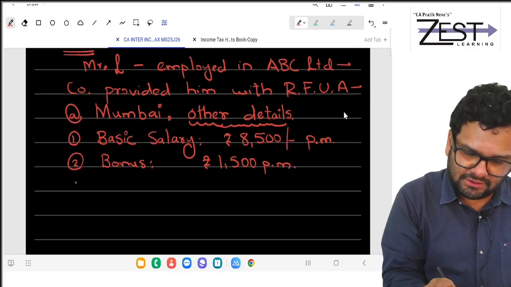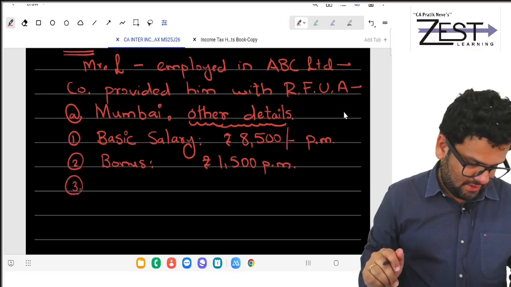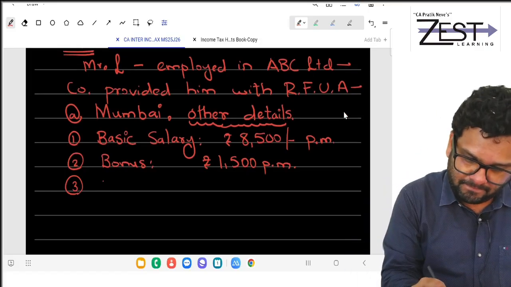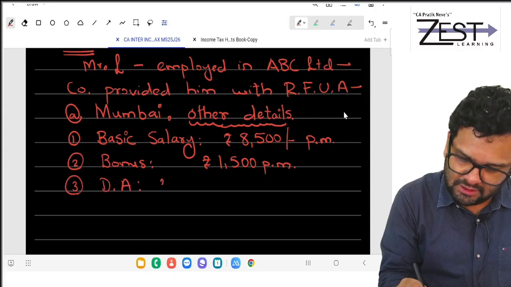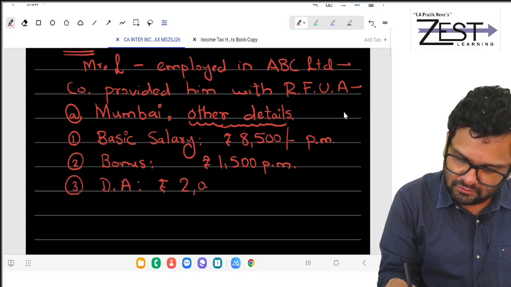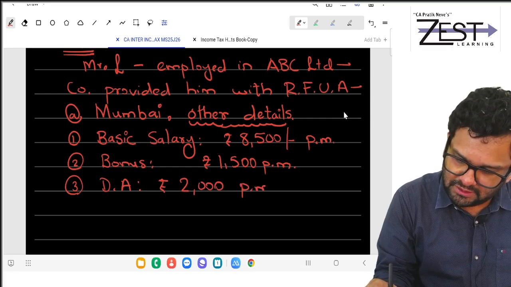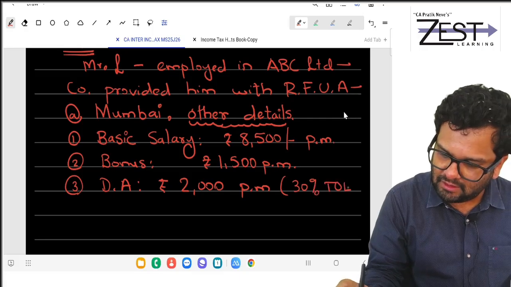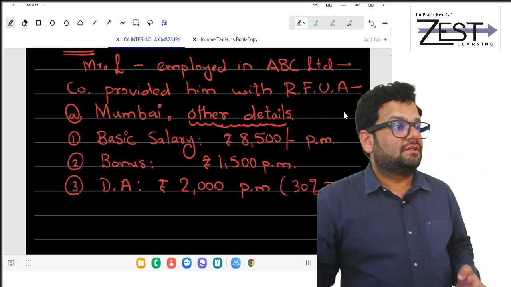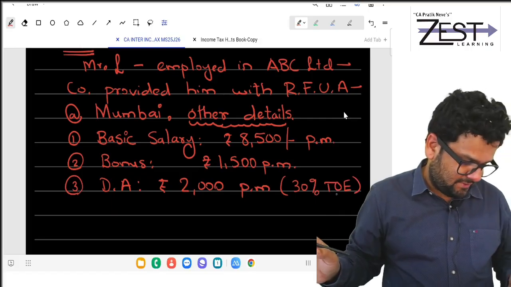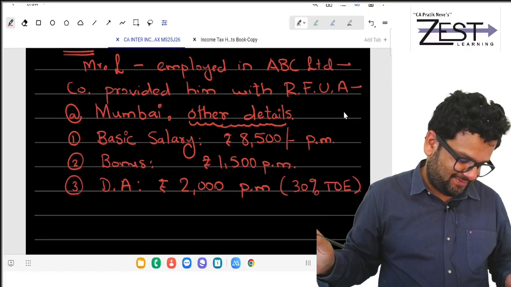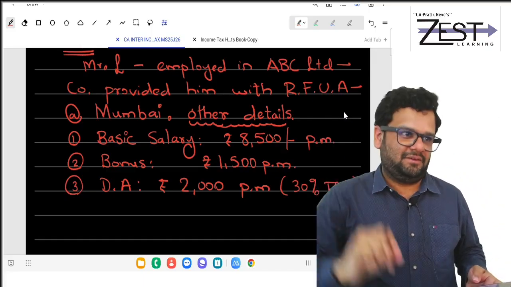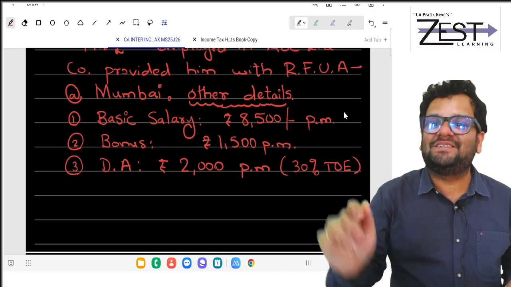After basic bonus, you have got DA, which is 2,000 per month. DA is how much? 2,000 per month, but 30% in our understanding, our language, 30% is as per terms of employment. House was allotted on 1/11/24, not all months.